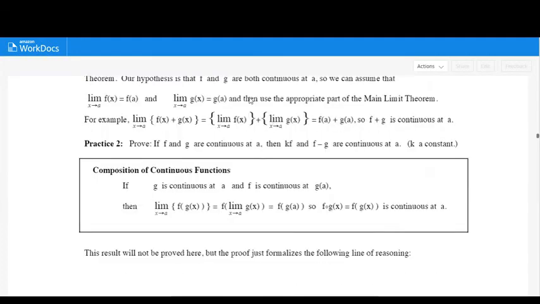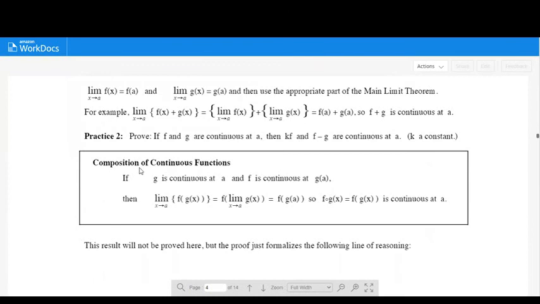Okay? Here we have composition of continuous functions. If g is continuous at a and f is continuous at g of a, then the limit of f of g of x as x approaches a is equal to f of the limit of g of x as x approaches a, which is equal to f of g of a.